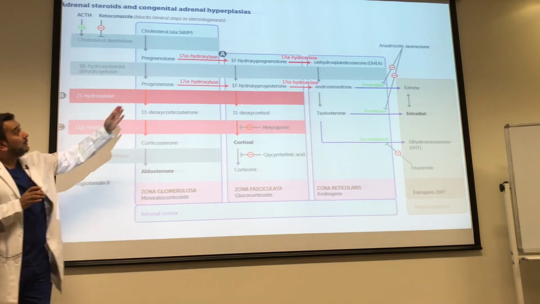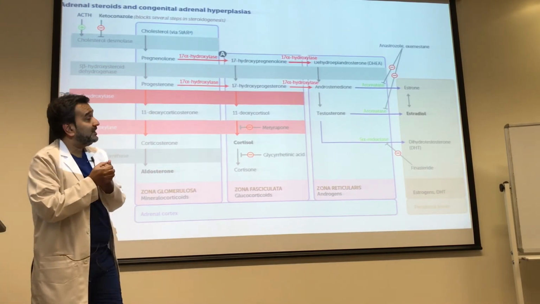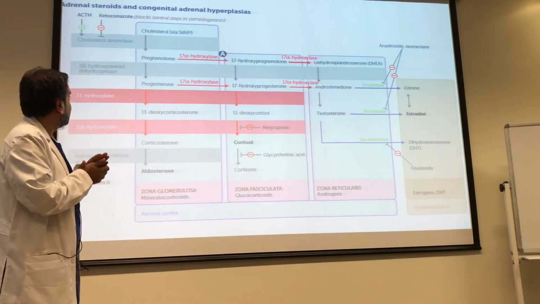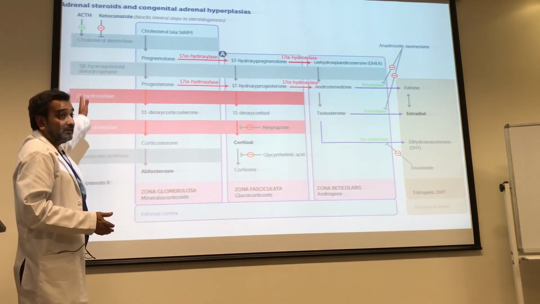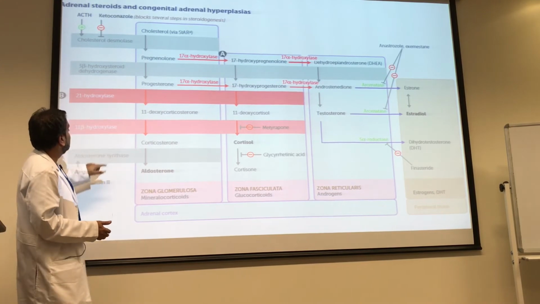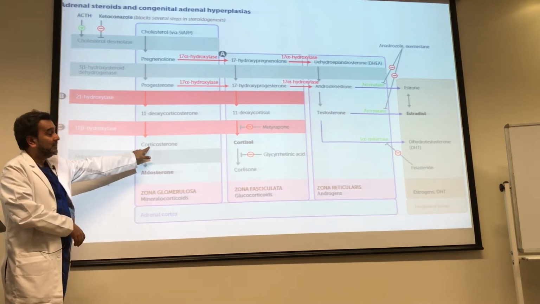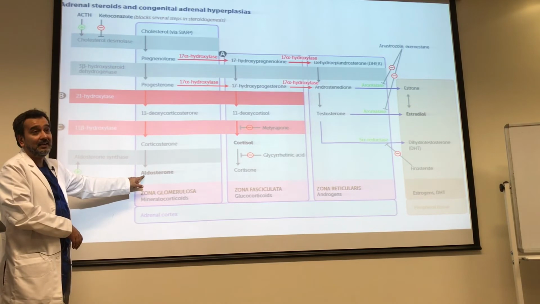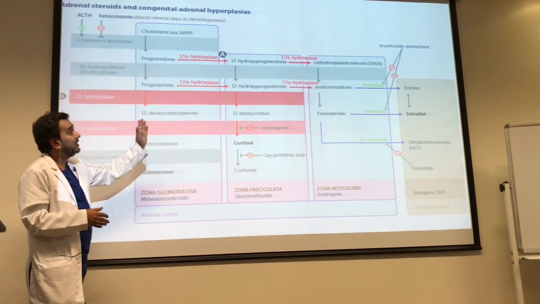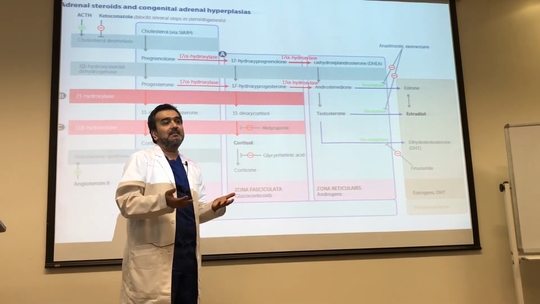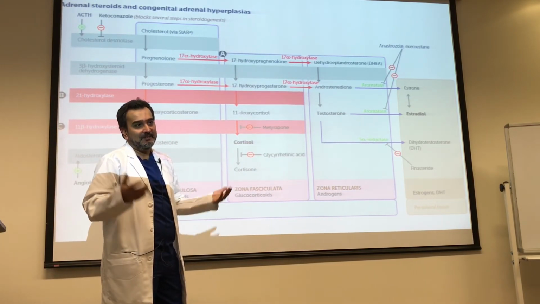So think about if you don't have 17 alpha hydroxylase, the cycle is going to shift towards your left. It's going to go this way, and it is going to create more corticosterone and more aldosterone. So you would have more of those, and you would have fewer androgens. So there would be loss of pubic hair in females.